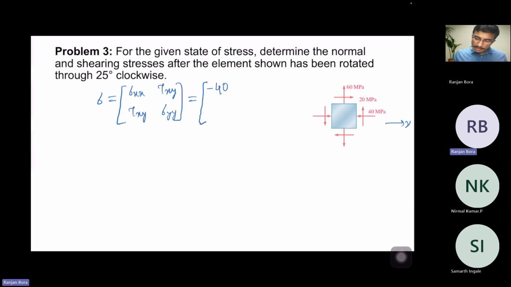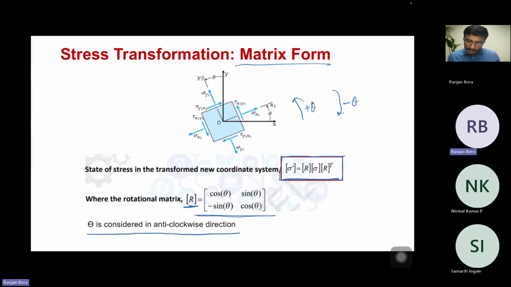Again, I am taking this horizontal as x direction and vertical as y direction. Sigma xx is minus 40 here. Tau xy is 20 and sigma yy is 60. Okay, now we will solve this problem using this matrix formula which is given.